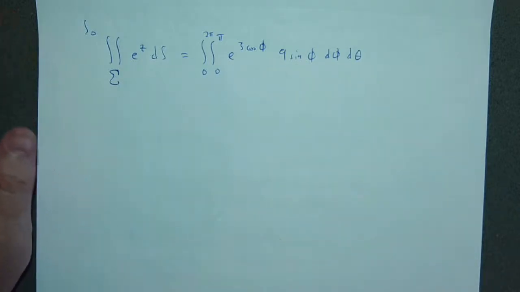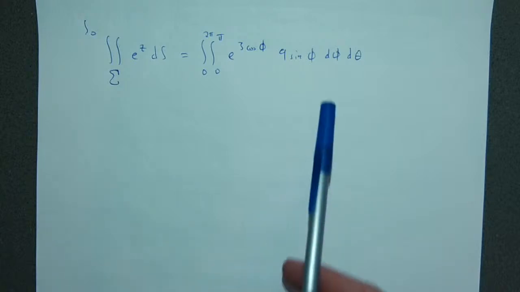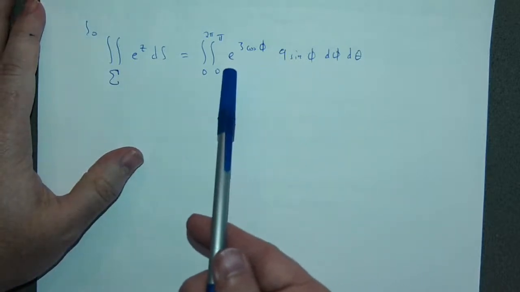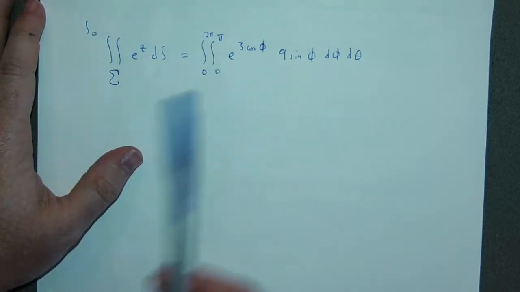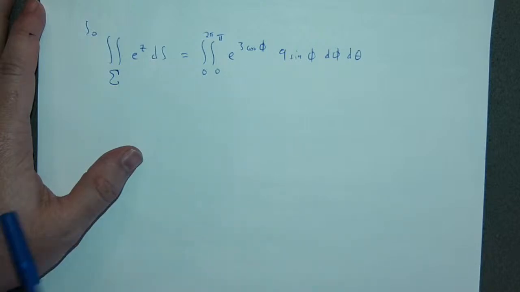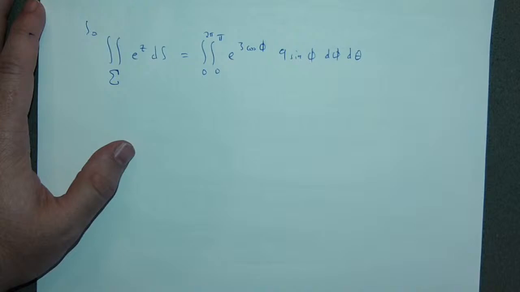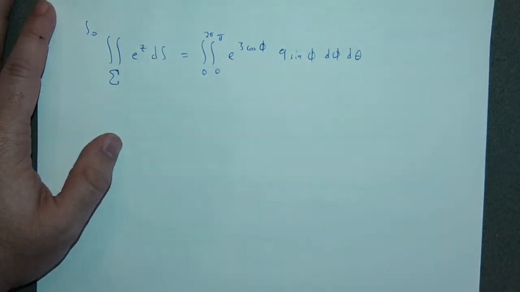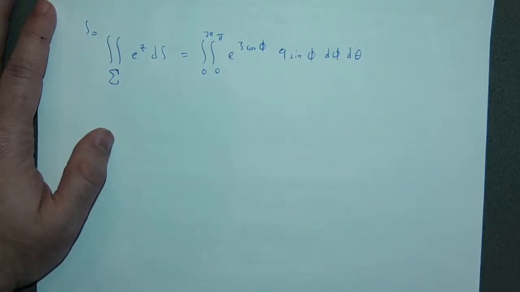So I'm just going to get a factor of 2 pi here, but it doesn't matter. I can do it this way first. So how do I want to do this? I have e to the 3 cosine phi times 9 sine phi. If I did this with u-substitution, if u is 3 cosine phi, then du is going to be minus 3 sine phi.